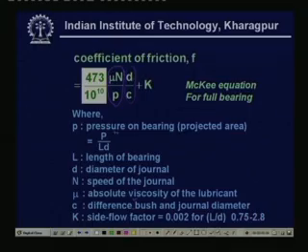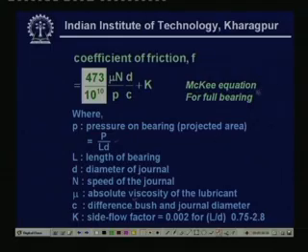The pressure on the bearing is P by L D, the projected area, which I have already explained, with L the length of the bearing, D the diameter of the journal, and speed and absolute viscosity. All these terms are known to you. Only K is a side flow factor, which is 0.002 for L by D ratios ranging from 0.75 to 2.8. This expression can be used for determining the coefficient of friction, and it is called the Mackey equation for a full bearing.